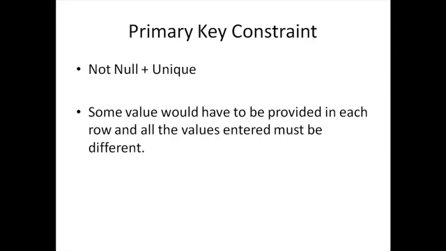As the definition says, some value would have to be provided in each row, and all the values entered must be different. We're going to see all these constraints in action later on in the course when we check out the create table statement. We're going to discuss the syntax, and then also while discussing the insert statement, we'll see how if we try to violate these constraints, SQL throws error messages at us and we are unable to populate tables.